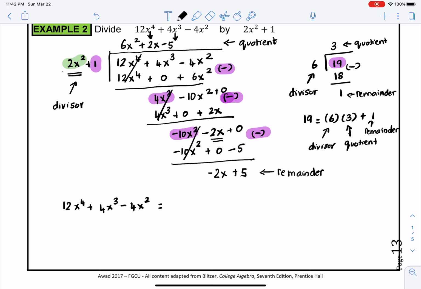So based on what we did here, I can write the original function, 12x raised to 4 plus 4x cubed minus 4x squared, as the divisor, 2x squared plus 1, multiplied by the quotient, 6x squared plus 2x minus 5, plus the remainder, which is negative 2x plus 5.